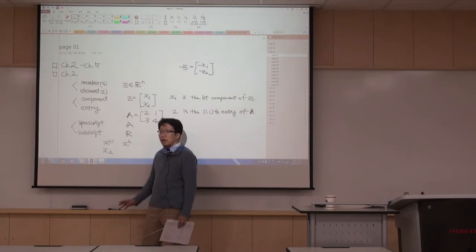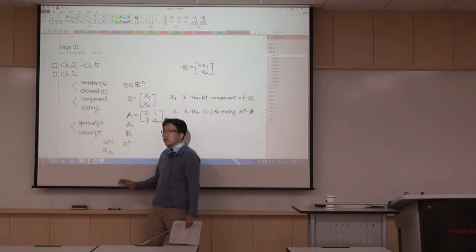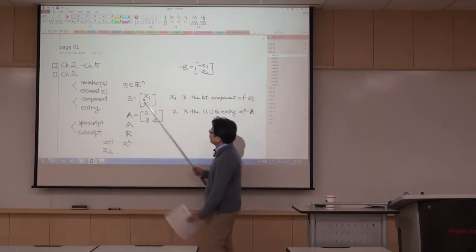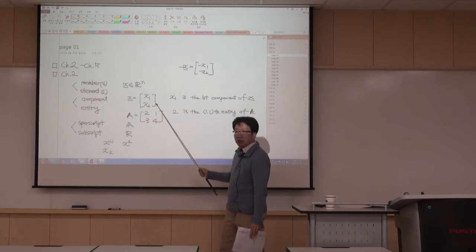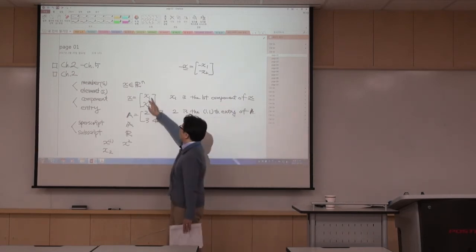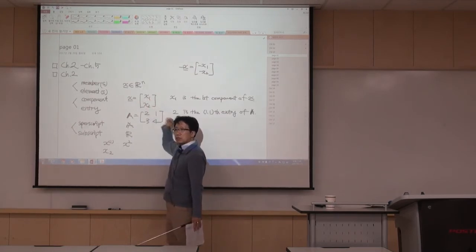As far as some notation does not inflict any confusion on us or on the readers of the textbook, then we just drop it. That's why here I just used numbers. But if I use superscripts, I probably use parentheses. Got it?